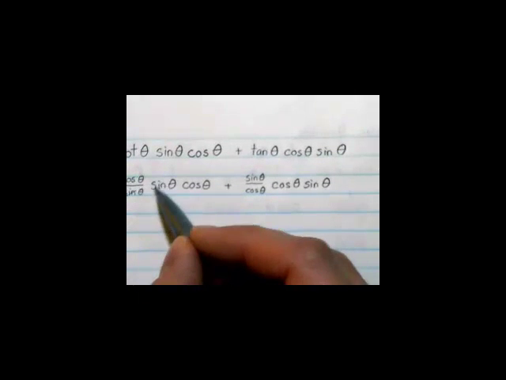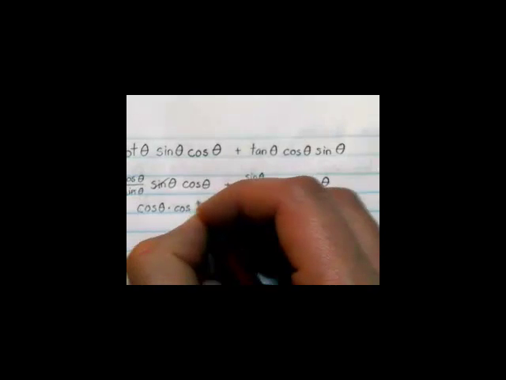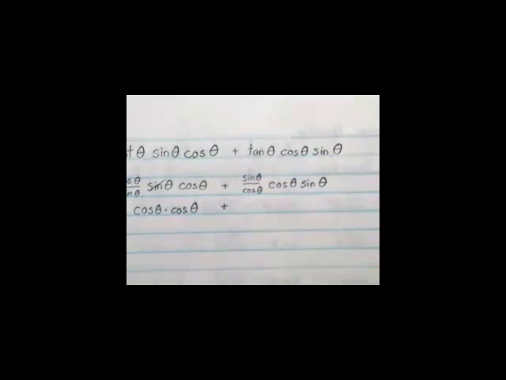Okay. Everybody see what we can do next then? Yeah, go ahead, Jess. For the one that uses cotangent, okay. All right. So we'd have cosine theta times cosine theta over here. Somebody else? What about the other set of terms there?